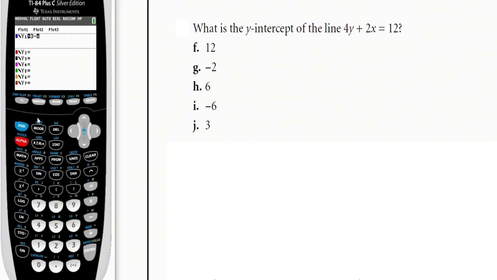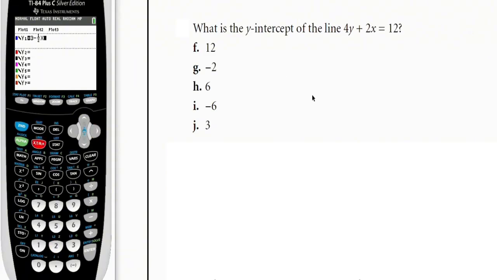So press alpha and this window button, fraction is here, press 1. 3 minus 1 over 2, and put the x value here.